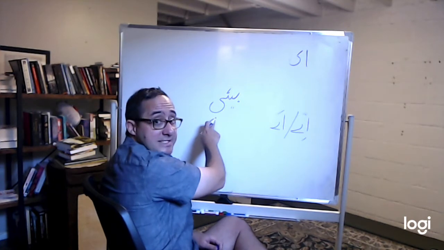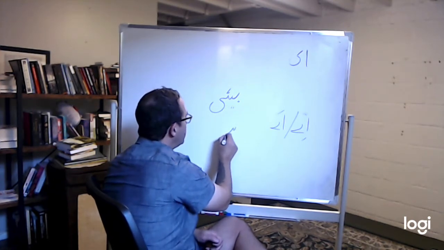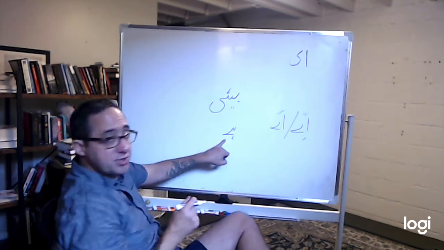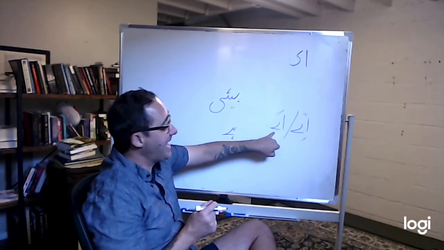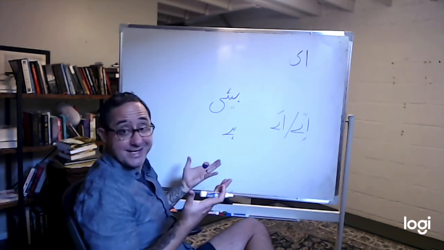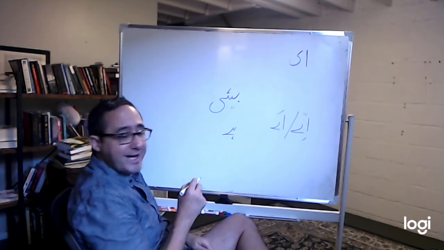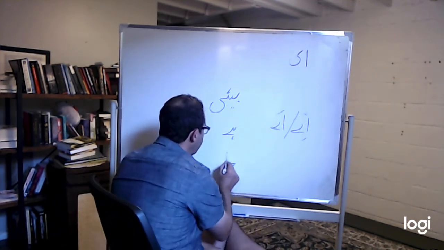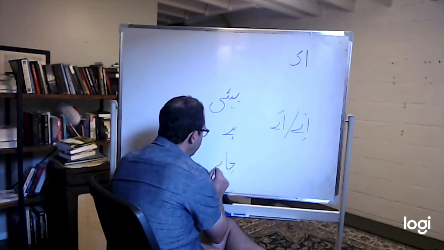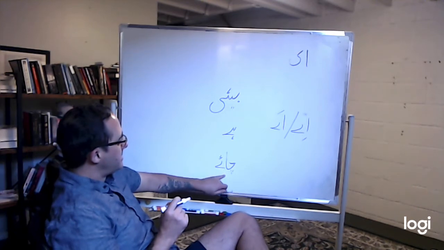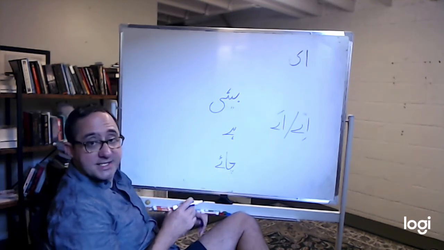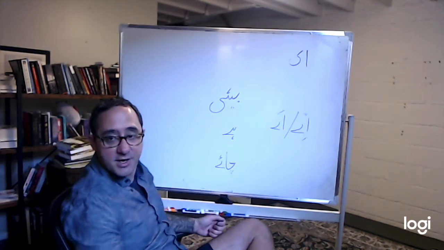So notice the E ends like this. Hai ends with this shoe-looking thing, right? Because that's the hai. It means is. Chai, very important word. And I'm going to put that over it because it goes ai. Chai means tea. All right?